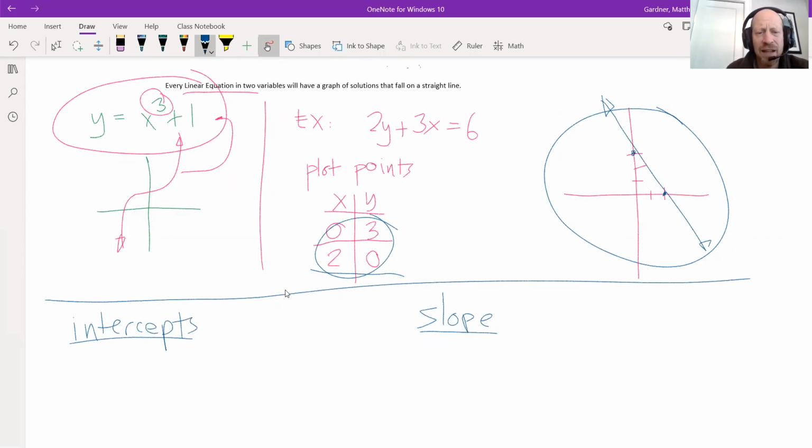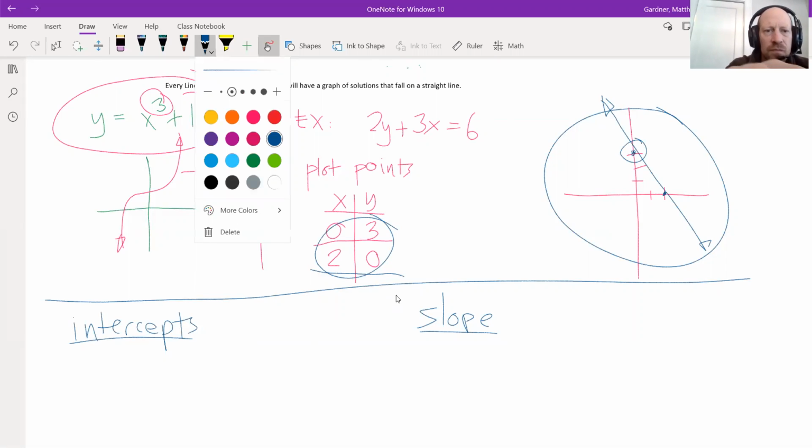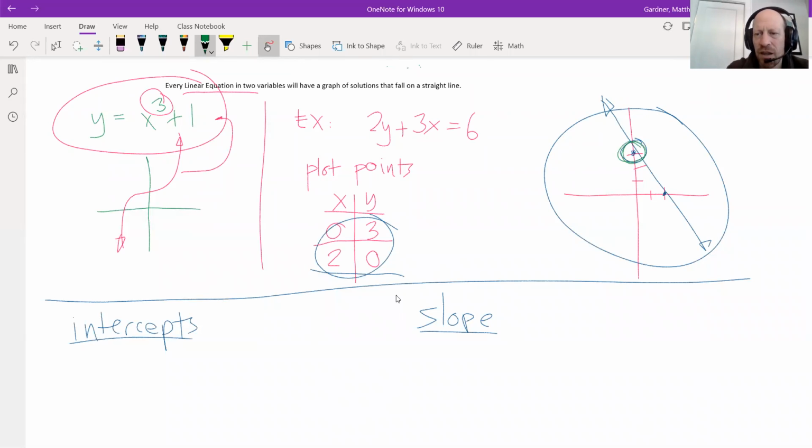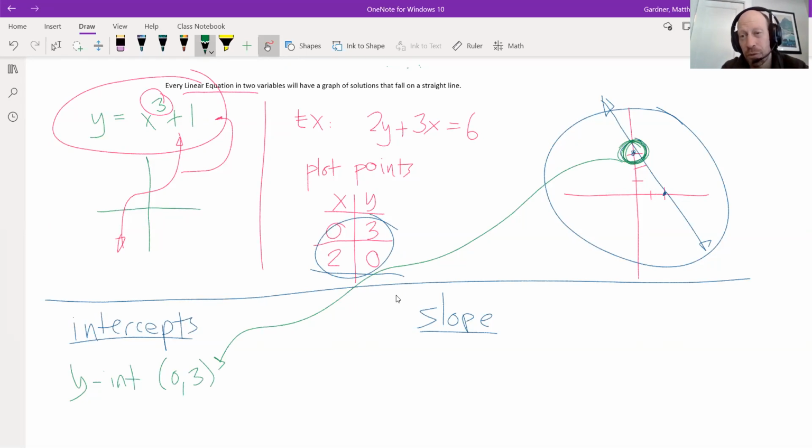The intercepts are exactly where the line crosses the axes. So right here is the y-intercept, because it's where it crosses the y-axis. The y-intercept for us is technically the value 3, but I don't mind if you put the point (0, 3), because that's also telling me the spot where it hits the y-axis.